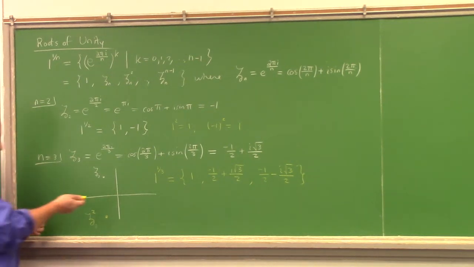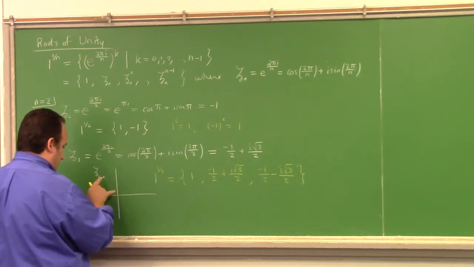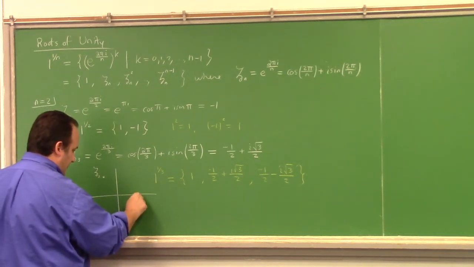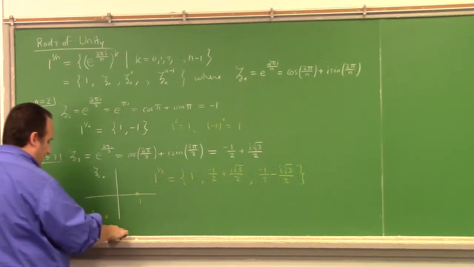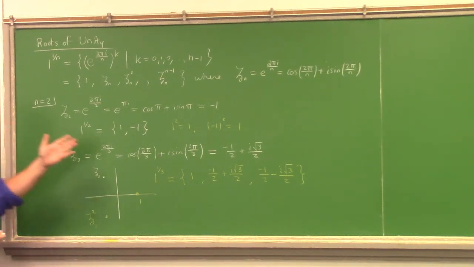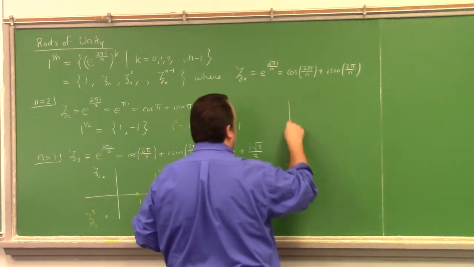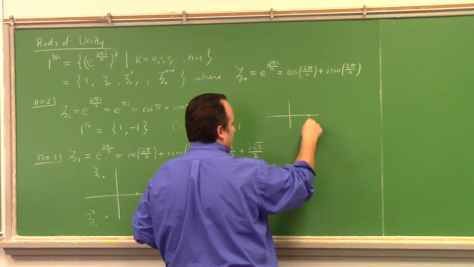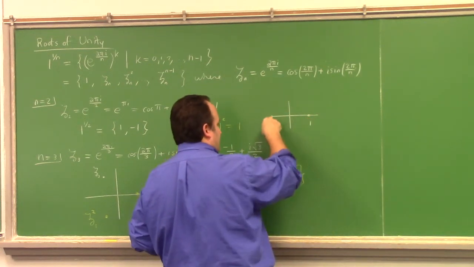And I, of course, could also draw the other one, 1, here. Here's 1. So this is just the principal one. The e to the 2 pi I over n generates the rest of them by taking powers. The picture for n equals 2 is more boring. There's 1 here, and there's minus 1 here, right?